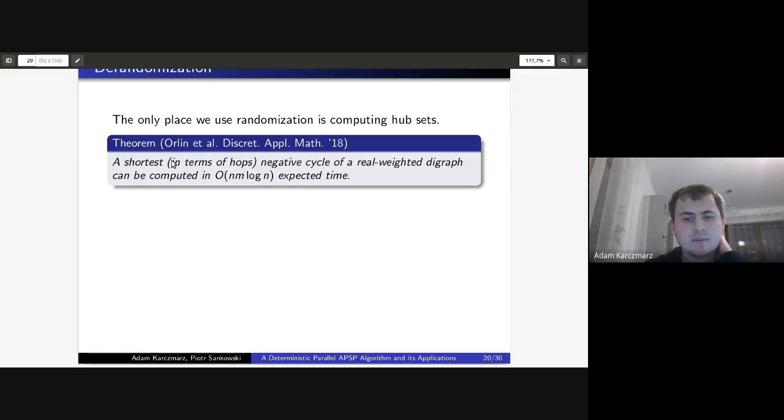For example, Orlin et al. used the hierarchy of subsets to show a nearly optimal sequential algorithm for finding a shortest, in terms of hops, negative cycle, again in a real weighted directed graph. Again, one cannot improve upon that if one believes in the APSP conjecture.